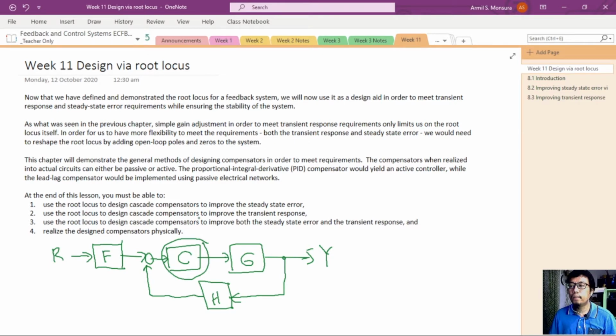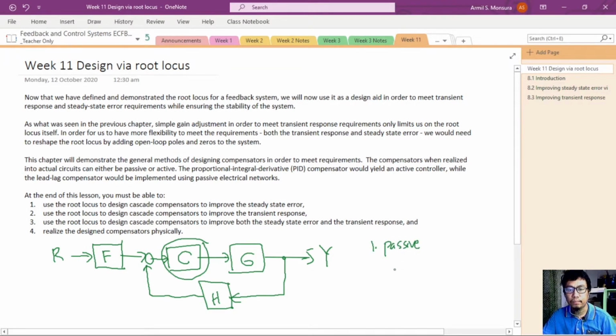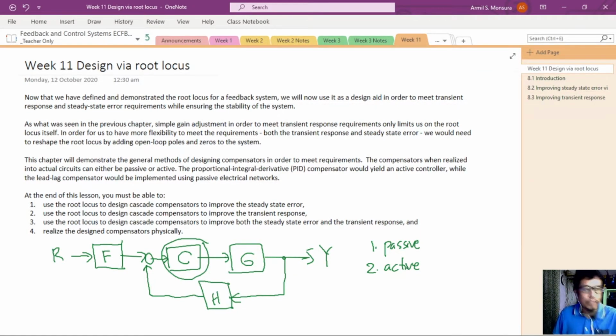Now, there are two ways to design this controller. So yung una is we will be using passive networks to do this, or we will be using active networks. Basically sa konteksto ng pinag-aaralan natin, itong controller natin is basically an electrical network. This would eventually boil down to an electrical network.